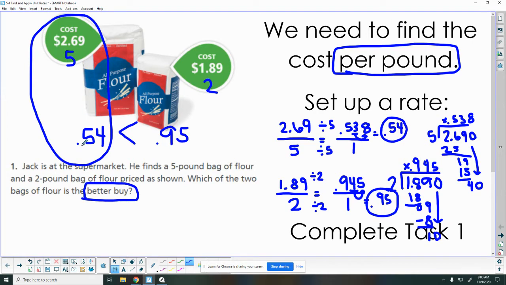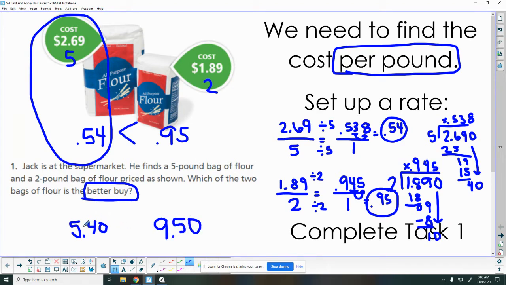If I wanted to buy 10 pounds of each of these, if I times 54 cents by 10, I would spend $5.40. And if I wanted to buy 10 pounds, but I only bought 2-pound bags, and I times this by 10, I would spend $9.50.